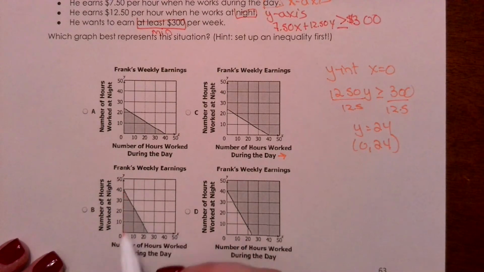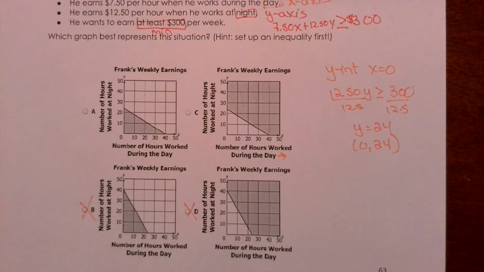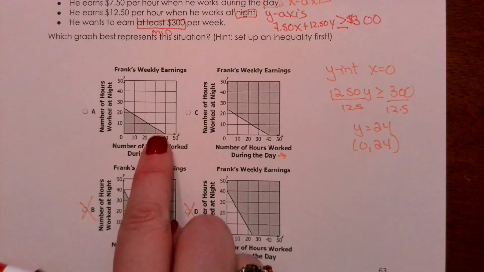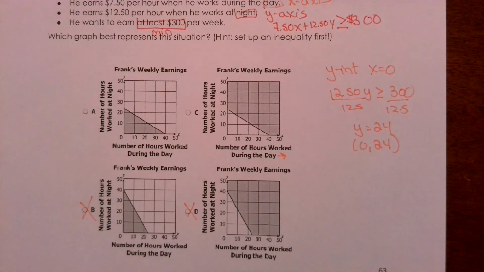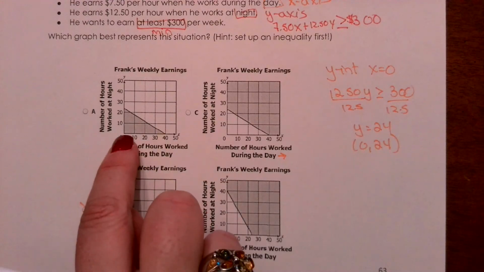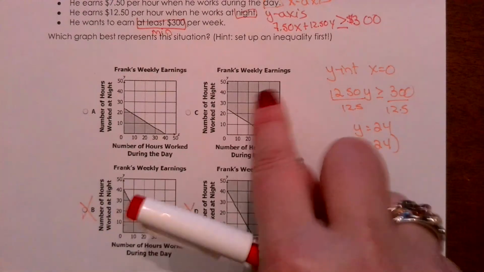That's a graph with 0, 40. It's not going to be B, and it's not going to be D. So I've already marked off 2 of my graphs just by finding the y-intercept. And I'm not going to find the x-intercept because I know it must be 40 based on these 2 graphs. So all I need to know is the shading going to be here, or is the shading going to be there?